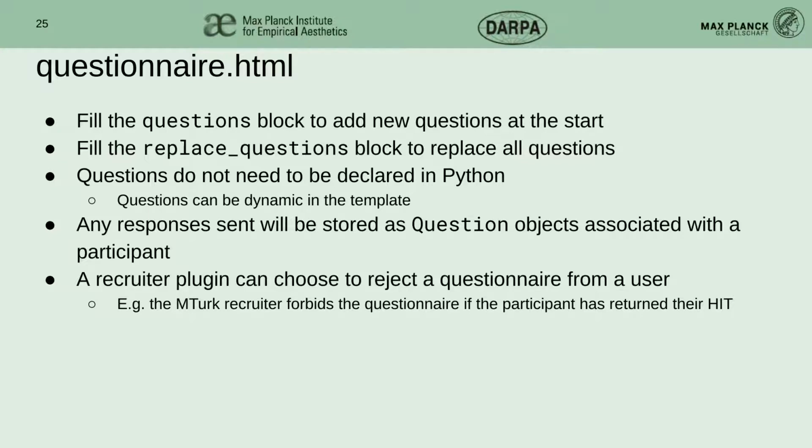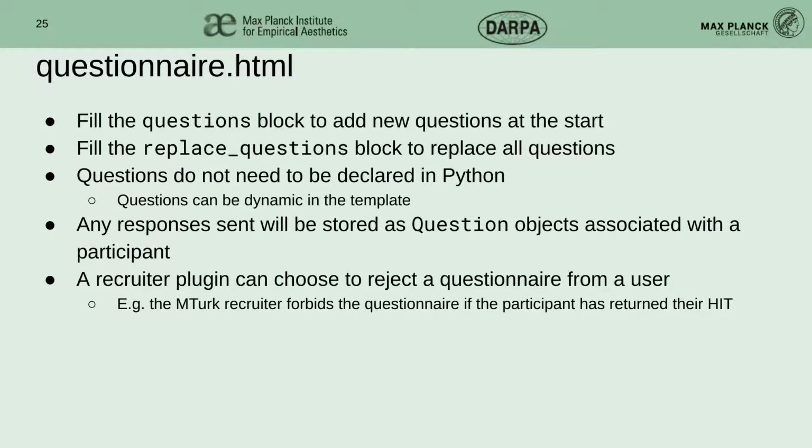Can you explain when you do replace, if you want to replace those questions, and then you also want to add new questions? Yeah. So you just create a replace questions block, and inside of that you would have a question block. You can do that. You don't have to. You can just put them directly in the top replace questions block, and that will basically delete these old questions.